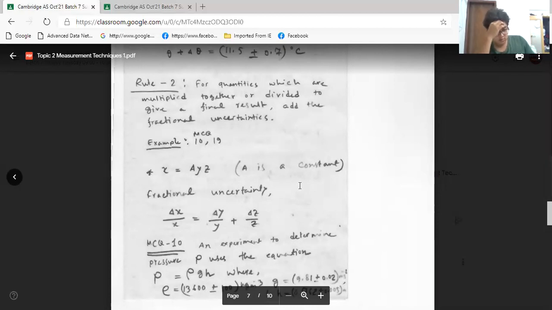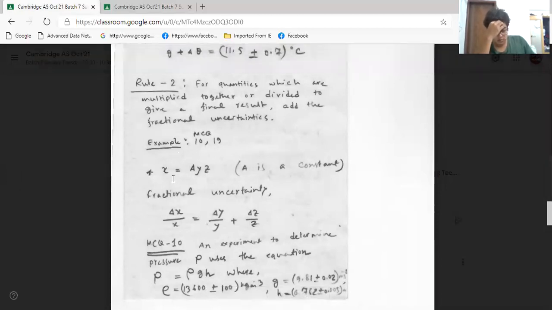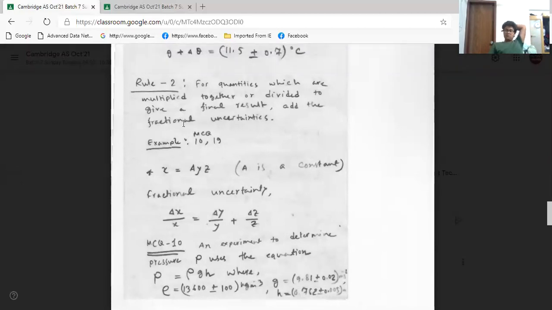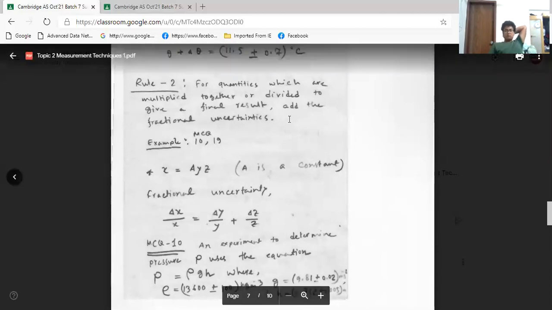You are getting one product: x is the product of multiplication of yz, isn't it? So during this type of multiplication, how do we calculate the uncertainty? We add the fractional uncertainties.